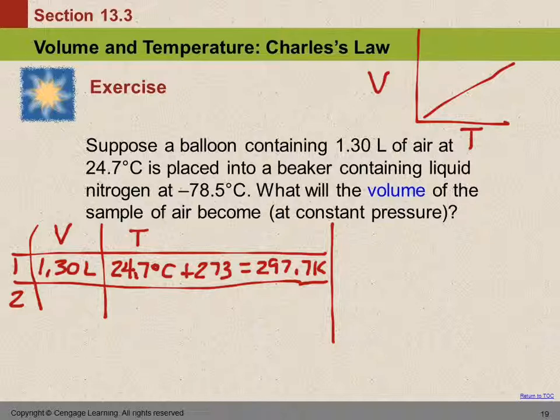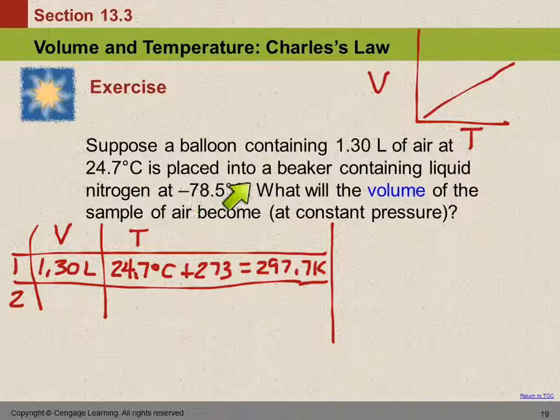We're going to use them. Yes, 297.7. So, a balloon containing this much air at this temperature. Those numbers are related. They're together in the problem, and they need to be together on the table.